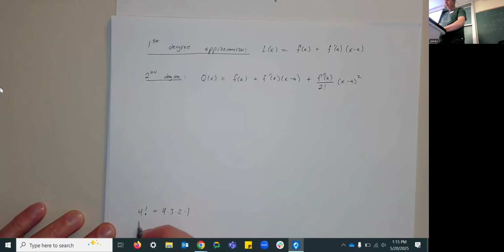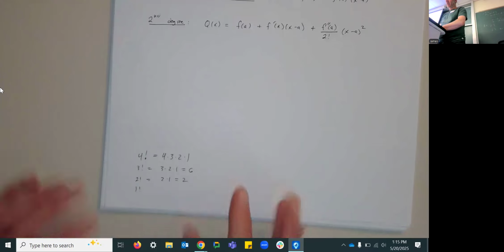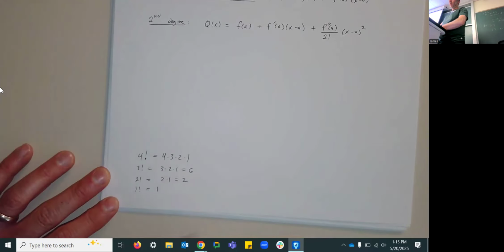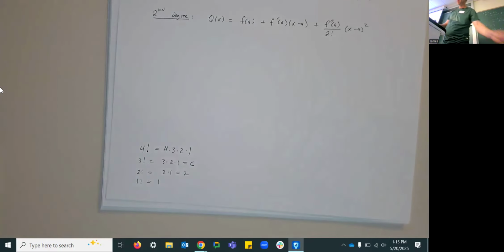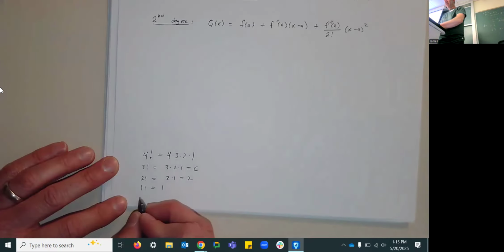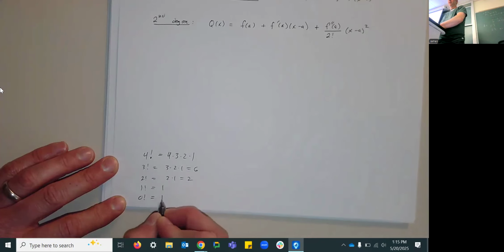So 3 factorial would be 3 times 2 times 1, which is 6. 2 factorial is 2 times 1, which is 2. 1 factorial is kind of unexciting. It's just 1. And even though it's kind of frustrating maybe, 0 factorial is defined to be equal to 1.